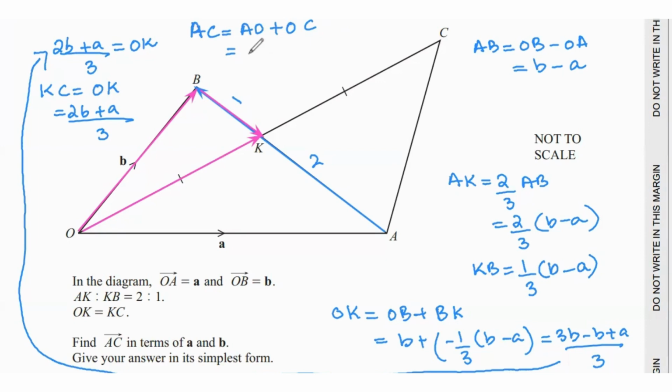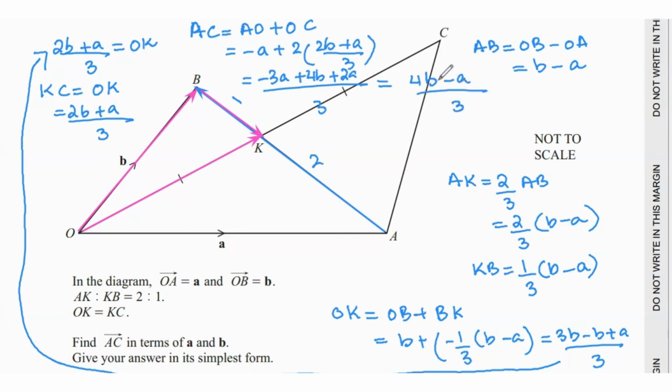So AO is negative a plus 2 times 2b plus a over 3. So negative 3a plus 4b plus 2a over 3. And that gives us 4b minus a over 3. That is your AC in its simplest form.